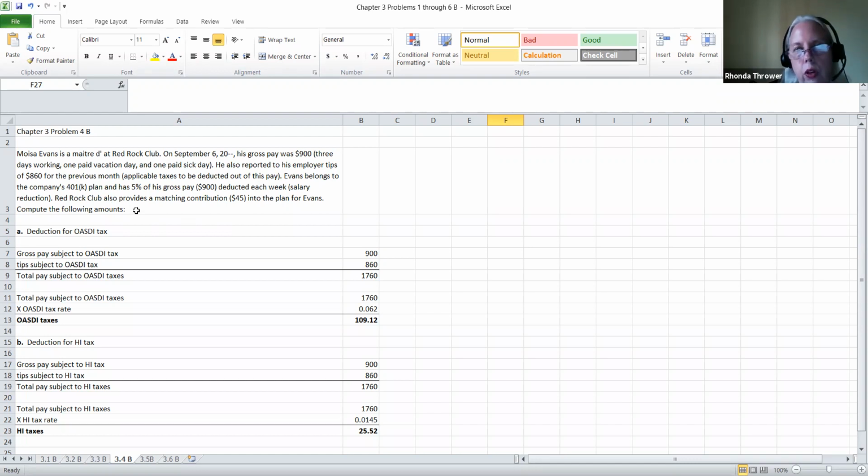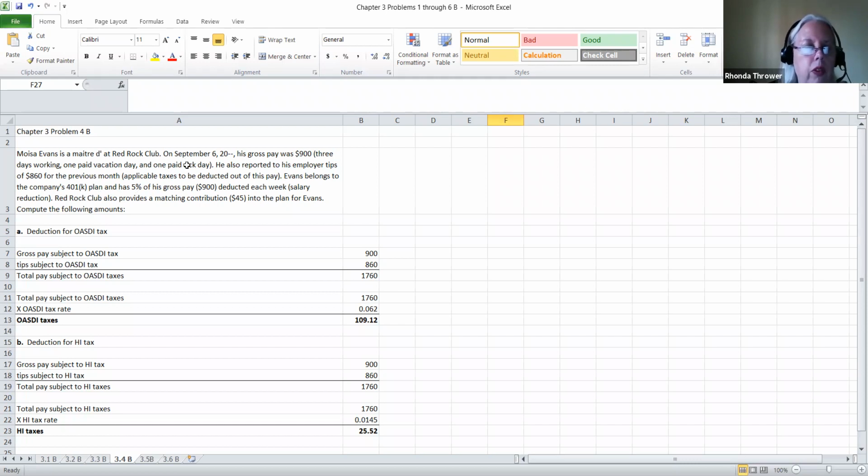You pay income taxes on 401k plans, it could be that, but it depends on if it's deducted before taxes or not, as to whether you pay income tax on that. But in this chapter, we're not dealing with the income tax. We'll deal with that in another chapter. So don't worry about this part right here. That was just additional information.